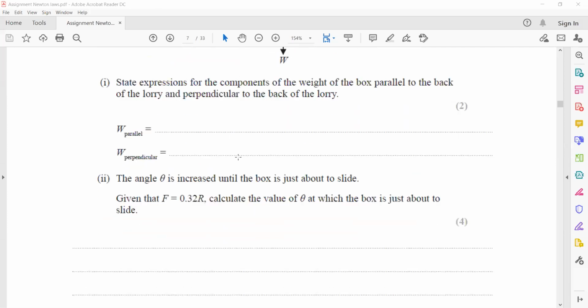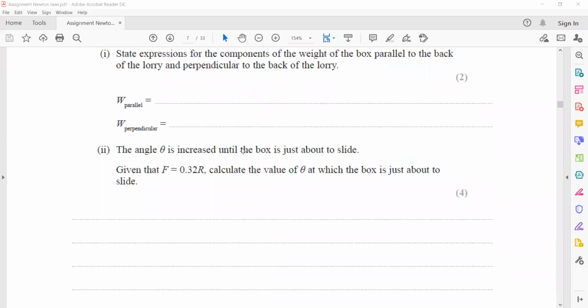And the angle is increased until the box is just about to slide down. Given that the friction is 0.32 R, calculate theta.